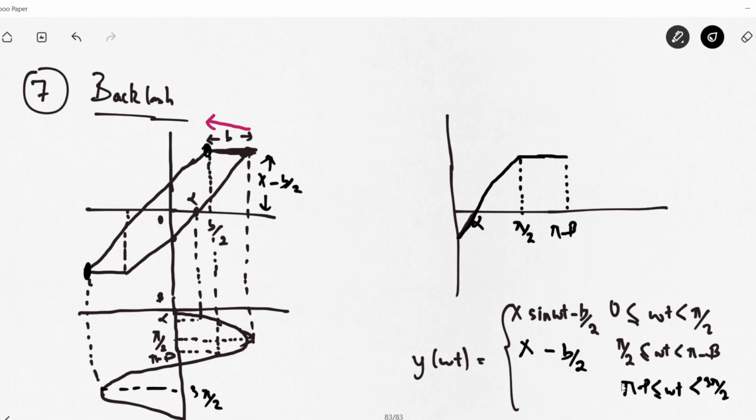We'll be having a sinusoidal waveform given by x sine omega t plus b by 2. So we have a sinusoidal waveform like this.